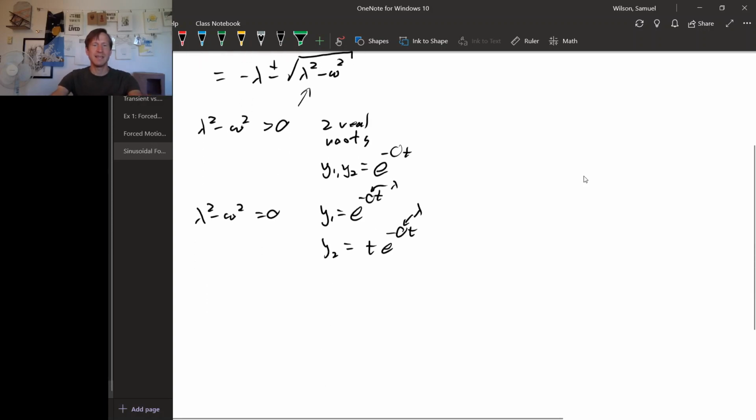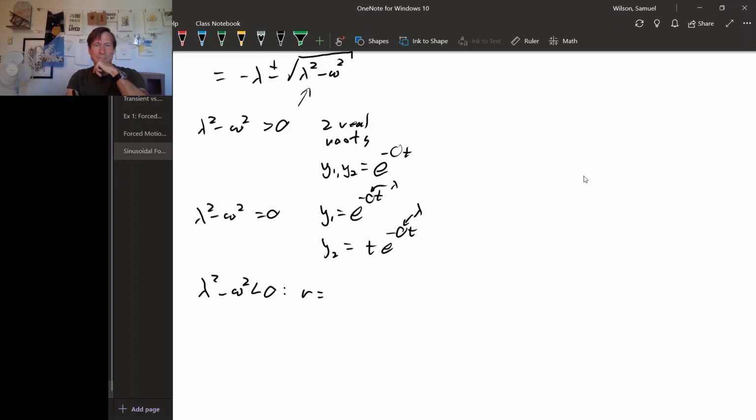And then in the underdamped case, where lambda squared minus omega squared is less than 0, in many applications this is the most important case.